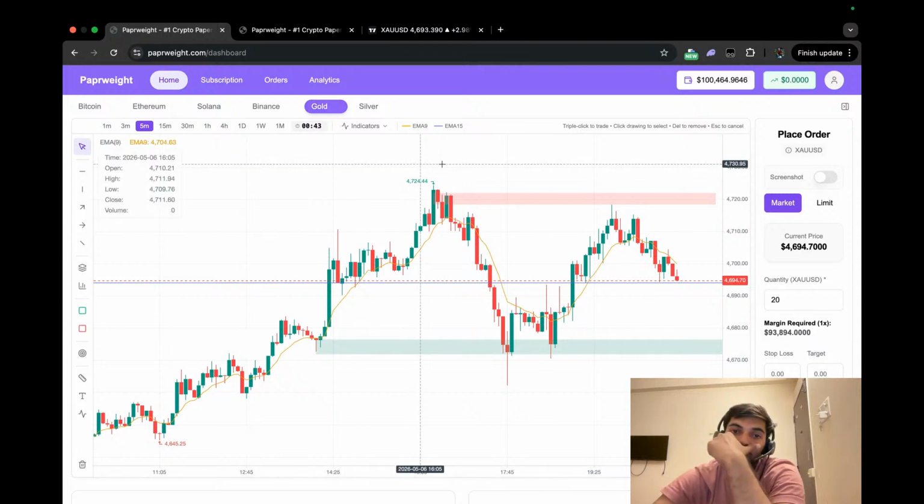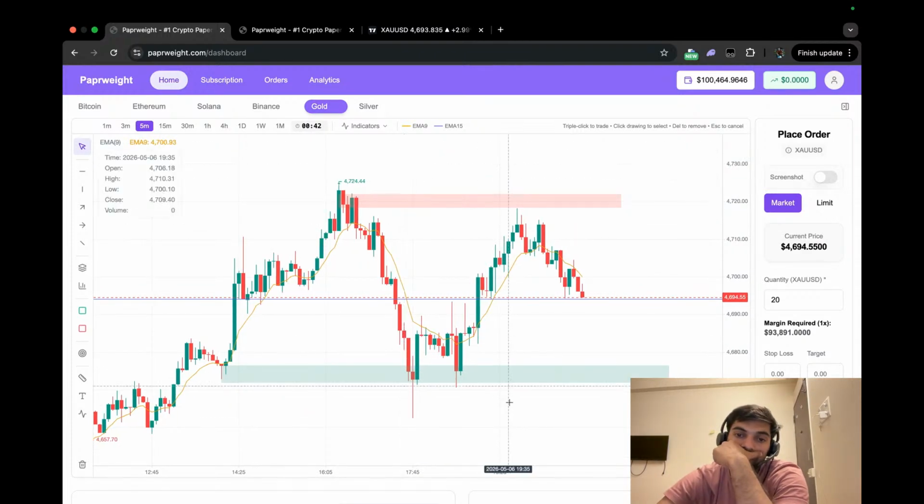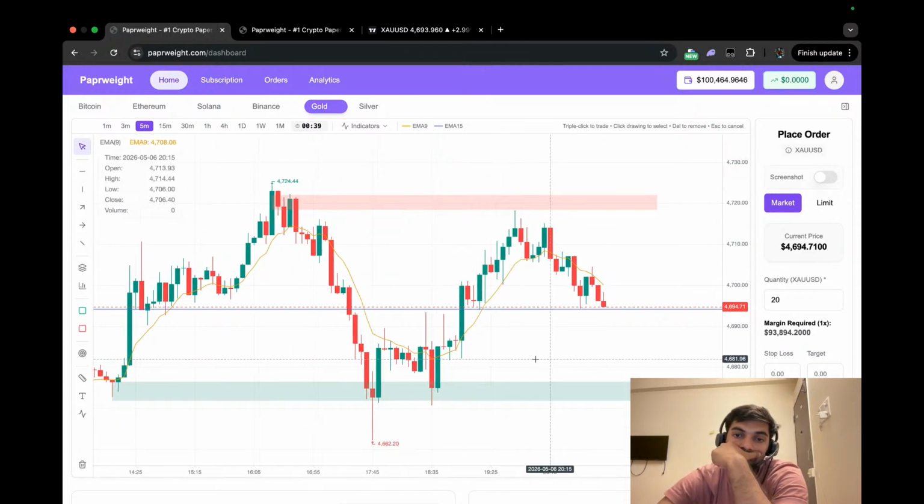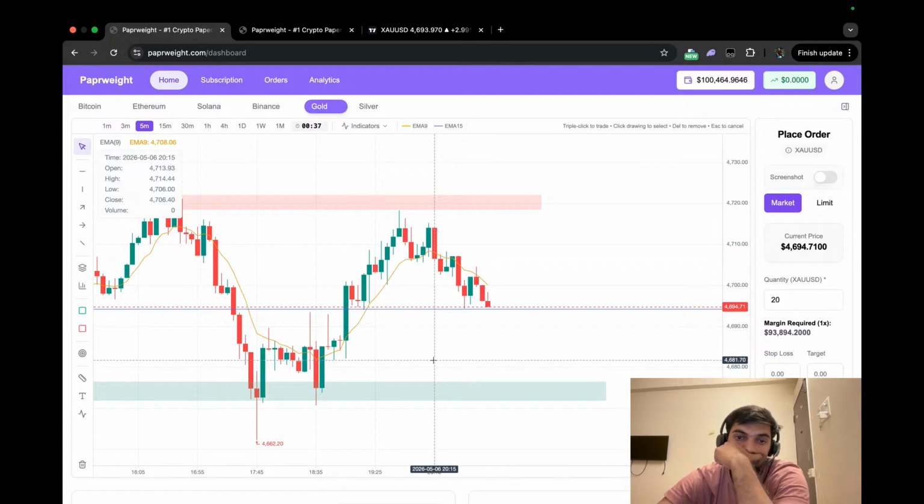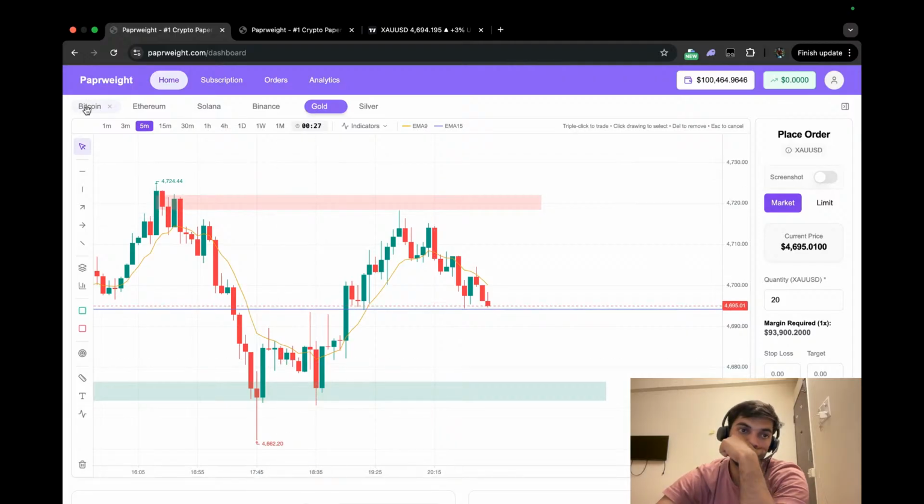50 more seconds to close this candle. 20 more seconds to close this candle.